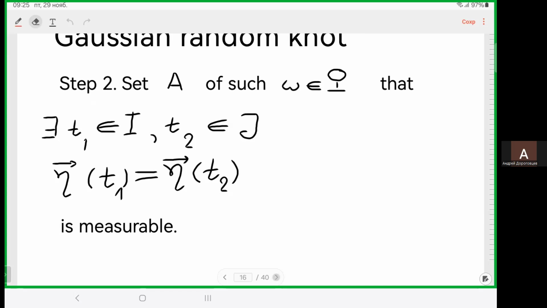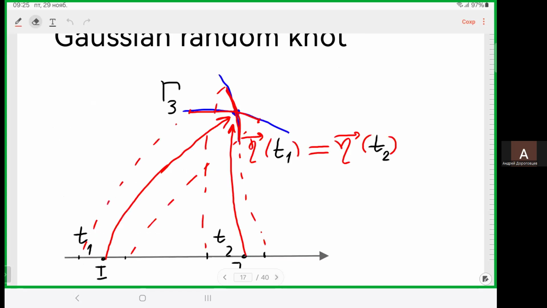After this, one can check some omega from this set, the random event A. Suppose that we have such a point of intersection. Then what will we get? We will get t1 from the interval I and t2 from the interval J such that we have the point of intersection.